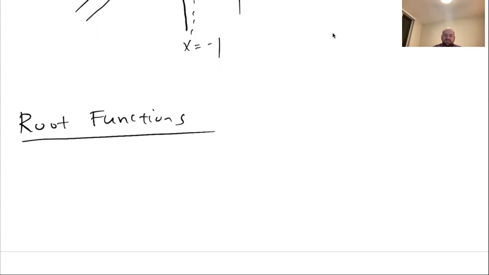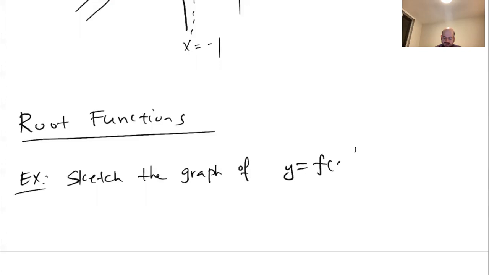Let me start with an example to see how we can sketch the graph of this root function. Example: sketch the graph of y equals f of x equals (x minus 4) to the power 2/3, which is the same as the cube root of (x minus 4) the whole squared.